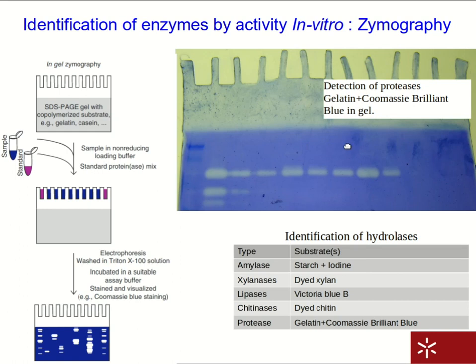So the Coomassie brilliant blue colors the gelatin in the gel. Where you see the white spots, we have a protease that digested the gelatin, and hence we see no coloring of the gel.